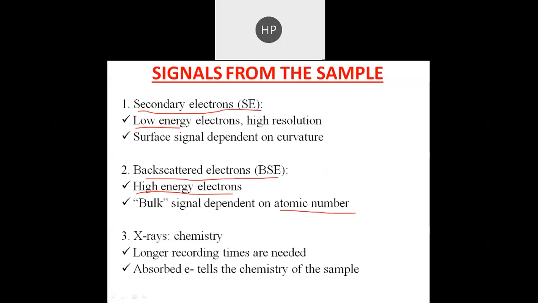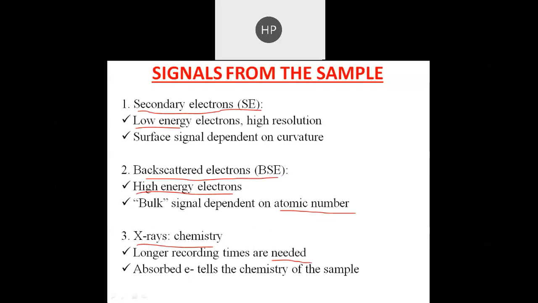And the third signal that we get is the X-ray. Longer recording time is needed, so to get the X-ray we require a long time to notice and absorb it. It tells the chemistry of the sample.